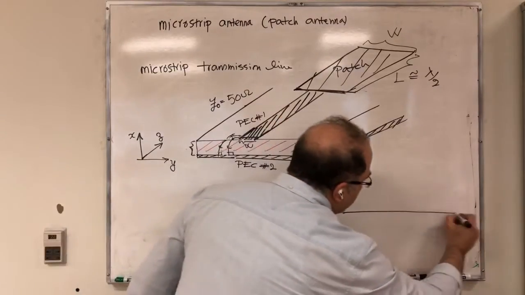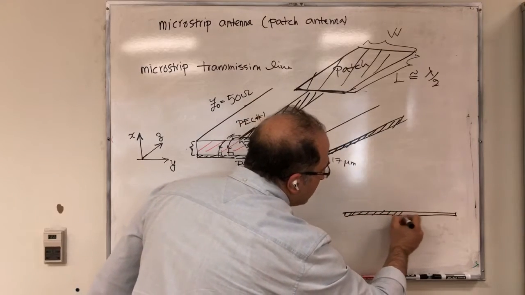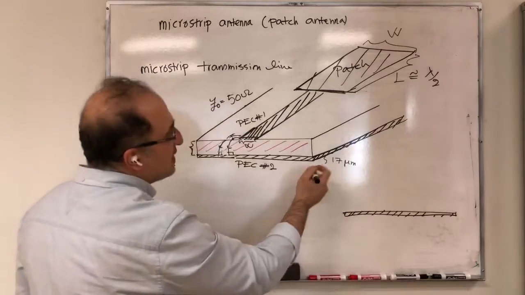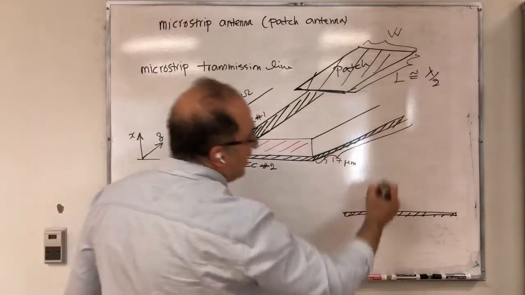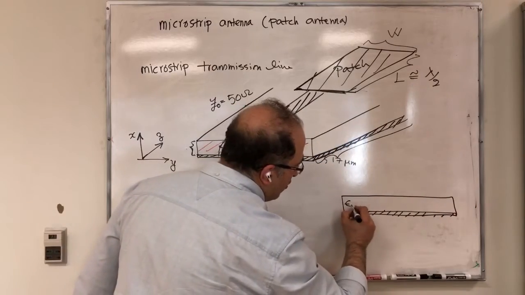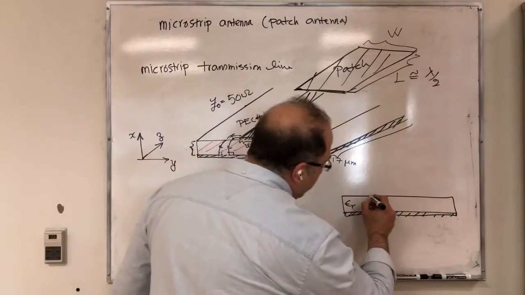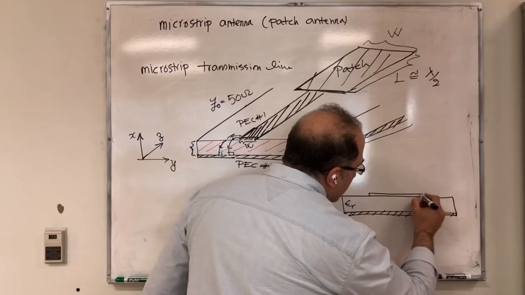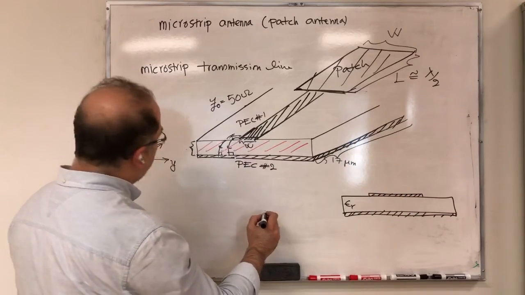So you have a PEC ground plane. This is essentially this side that I'm plotting right now. And then you have your dielectric substrate. I usually write epsilon R to say it's a dielectric substrate. And then you have your patch, but I'm in the XZ plane.